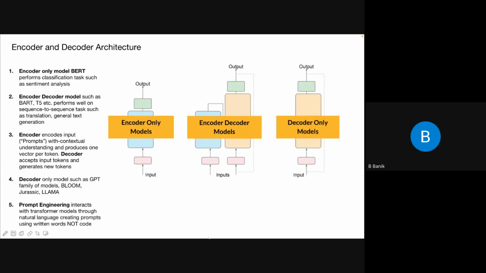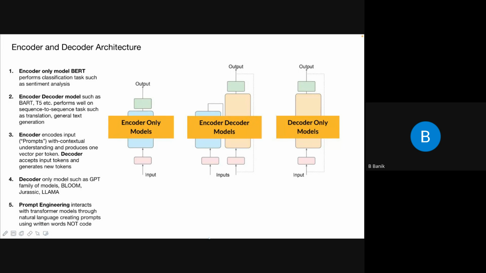Here are some examples of why we use specific models. Encoder only models are for classification tasks, if you want to do some sentiment analysis. Encoder decoder models, where you have T5, for example, handle sequence modeling.